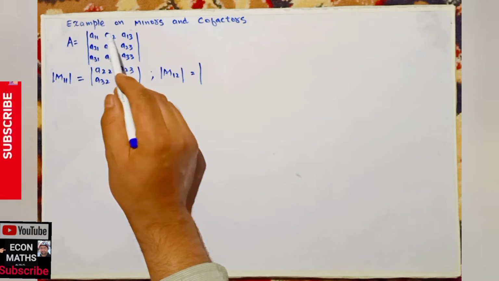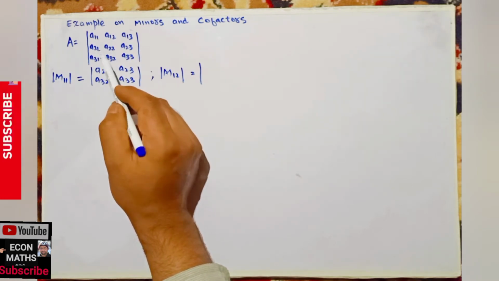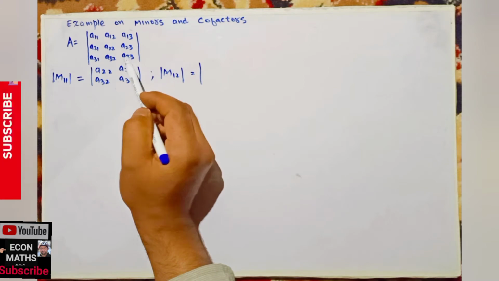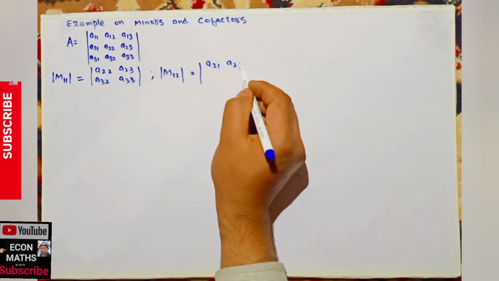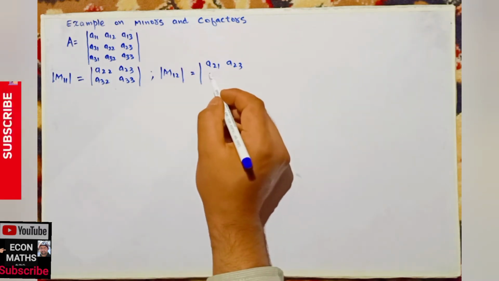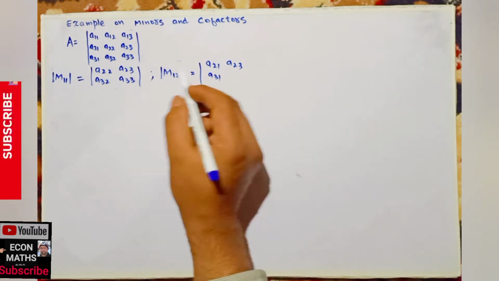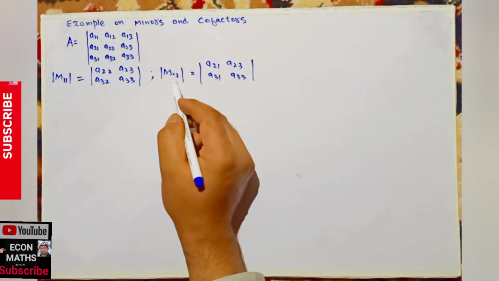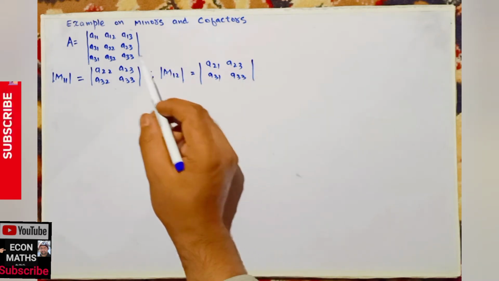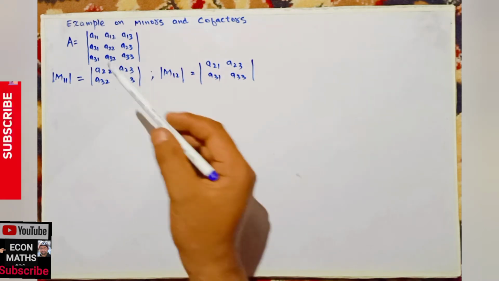Now if we delete this row and this column, we are left with these four elements, that is A21, A23 and A31, A33. This is M12, the minor in place of A12.